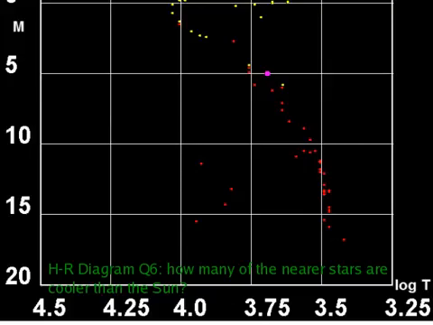Yeah, you just count, and which ones do you count? I mean, the nearest stars are all the red ones, but do you count all of the red ones or just certain ones? Yeah, it works out to be everything on the lower right of the sun.